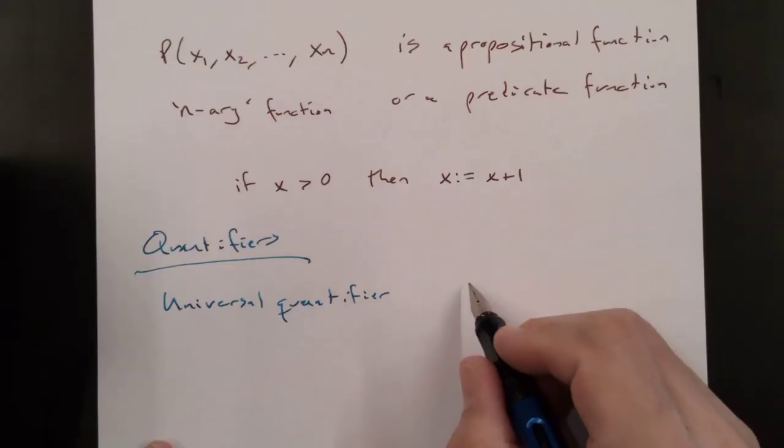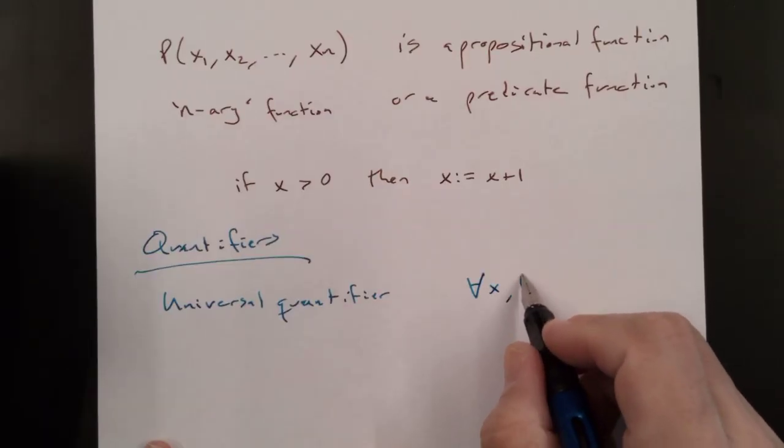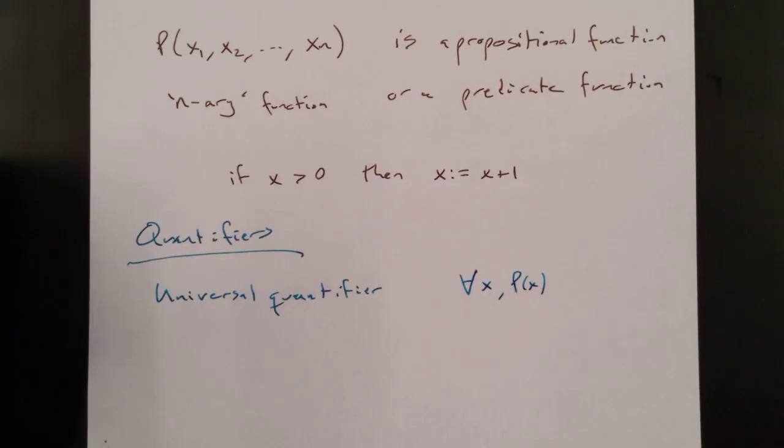And I want to say that it's true universally. All right, wait a minute. What does that mean? Universally true. Always true. So that capital upside down letter A is read for all. For every value of x that's possible, p of x will be true.